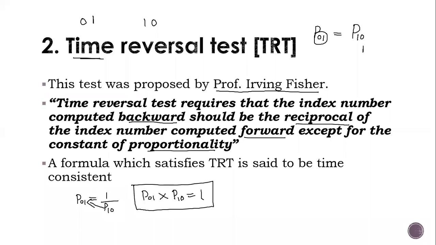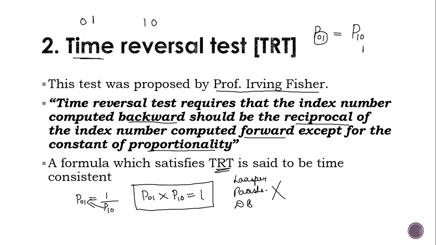You have various methods: Laspeyres, Paasche, Dorbish-Bowley, Marshall-Edgeworth, Fisher, and Kelly's. We have 6 methods. Laspeyres, Paasche and Dorbish-Bowley will not satisfy TRT.